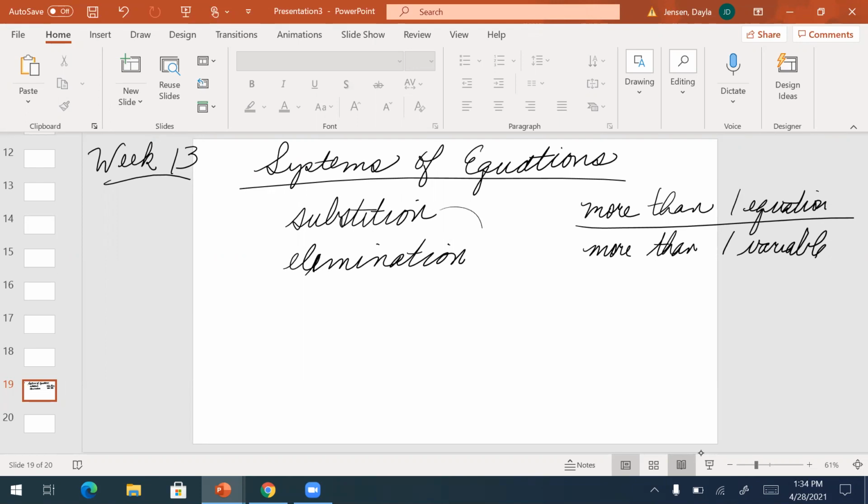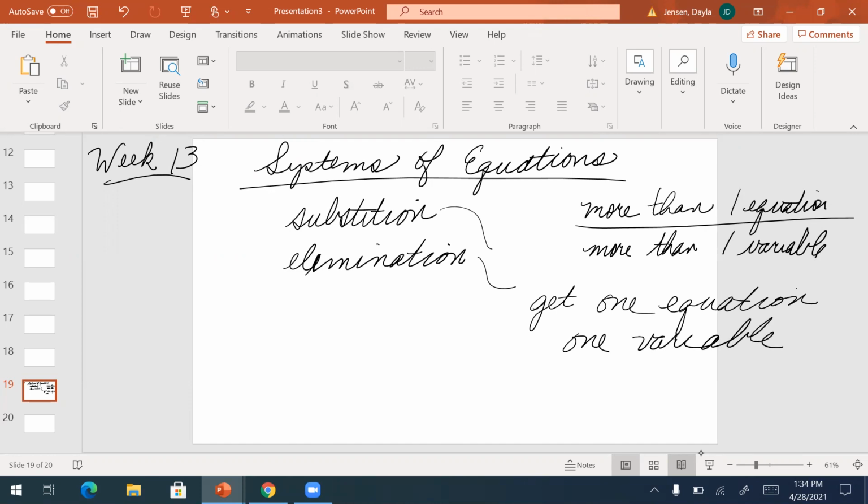The purpose of substitution and elimination is to get one equation and one variable that I can use to solve for that one variable, and then I can work my way backwards to find the second variable.